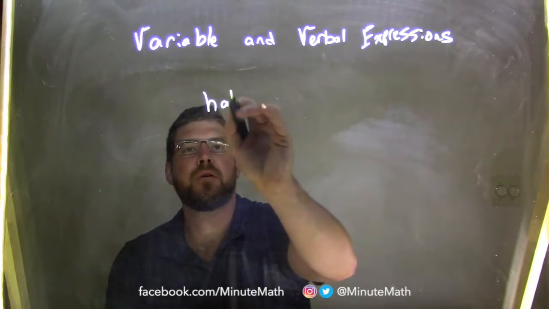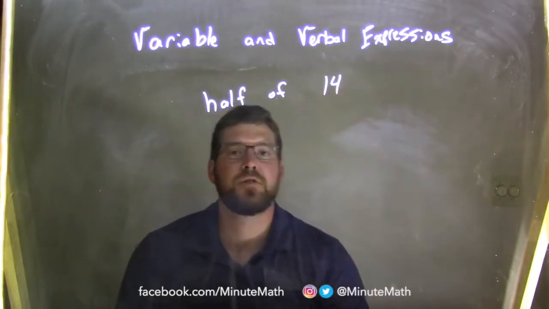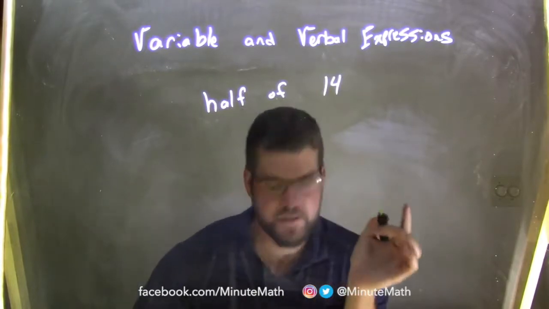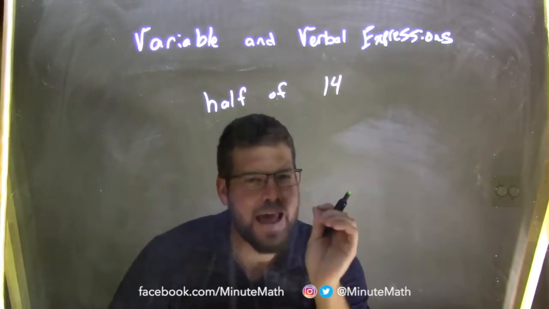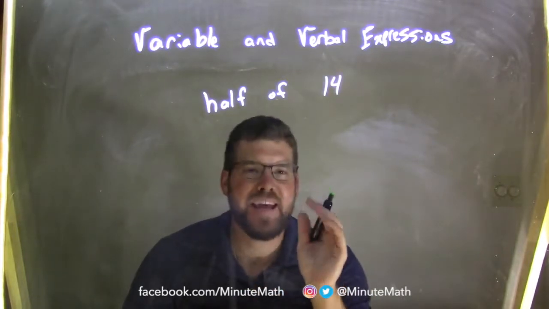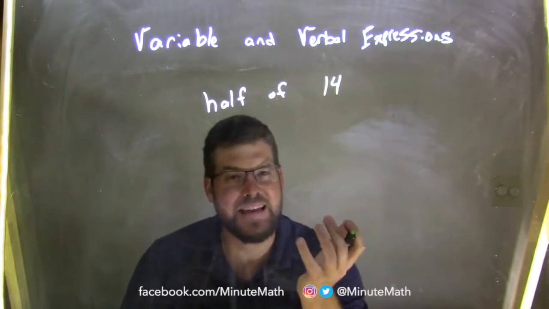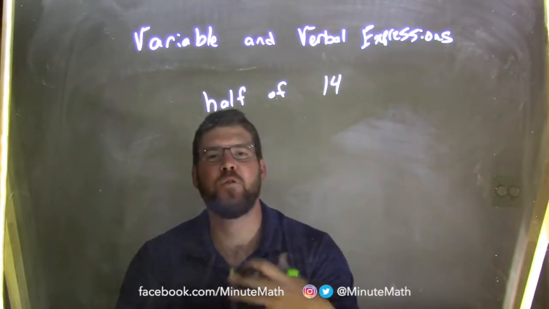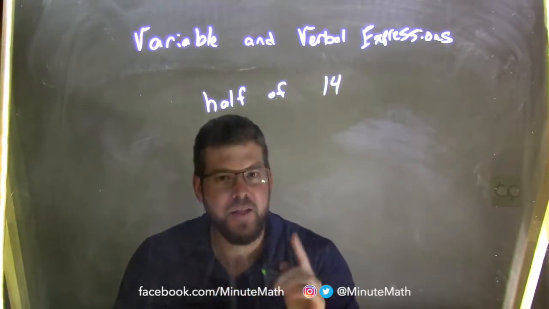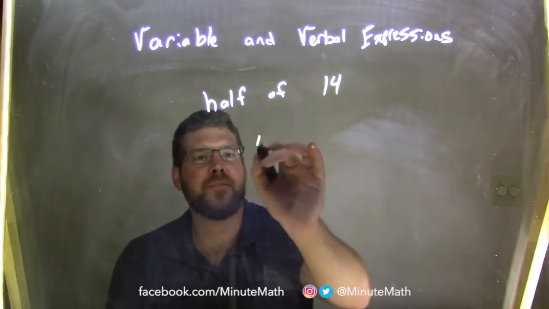Half of 14. So if I was given half of 14, I want to think about what symbol comes to mind. When I think about taking the half of something, that's essentially like division, cutting something in half, dividing it by 2. That's the key. So we start with 14.